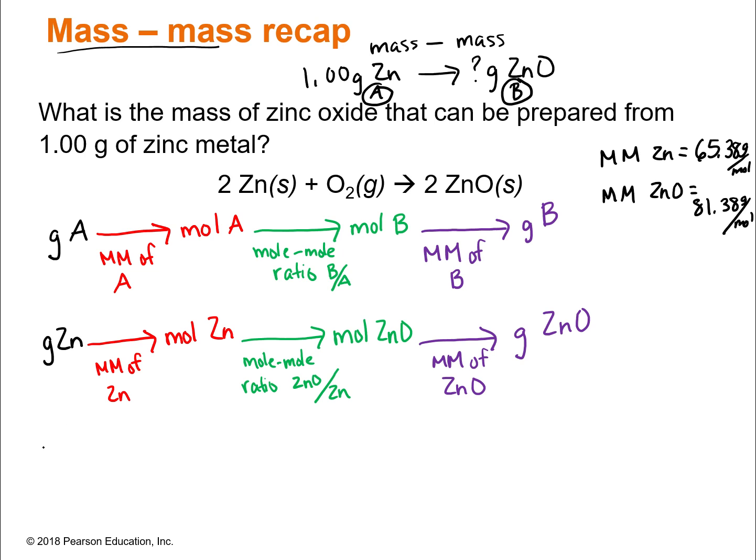Now let's start filling in some numbers. We're starting with 1 gram of zinc. And now I need to put a unit factor for converting those grams to moles. So where am I putting grams? In the top or in the bottom?